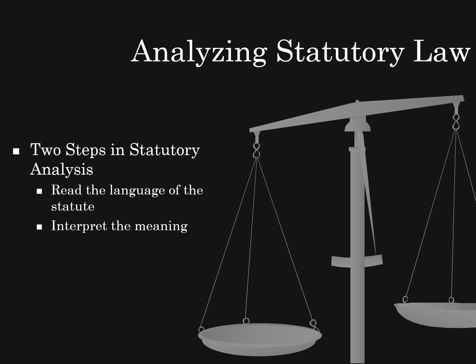Those are unofficial codes, but they're great because they are annotated, meaning that there are summaries after each statute that point you to cases that have been decided based on that particular statute.